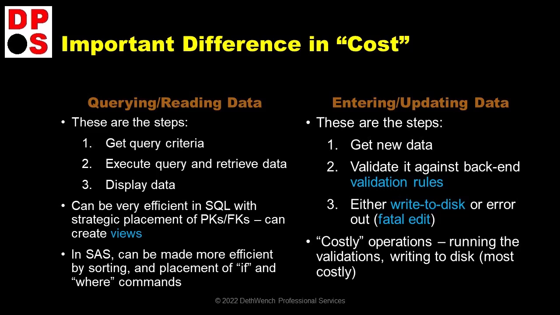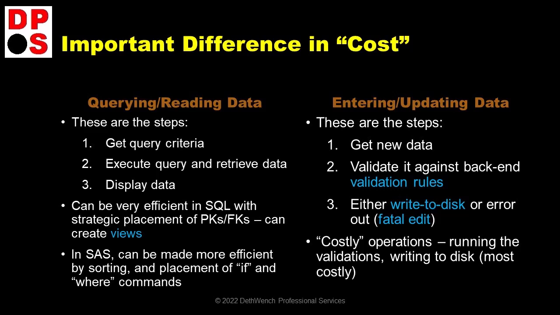Still, you can optimize I/O in SAS using a few tricks. First, if you sort on a variable, it acts as an index, so if you set criteria on that variable, your query will go faster. Next, if you do a strategic placement of if and where commands for criteria, then you can improve I/O as a read operation in SAS.